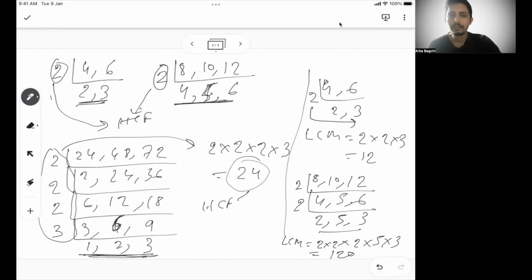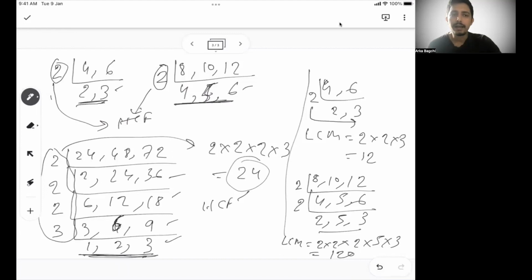So the difference between HCF and LCM calculation by the division method is this: for HCF, you stop the division when there is no common factor between all the outcomes. For LCM, you keep doing the division even if there is a common factor between any two values of the outcome. By outcome, I mean each of these stages.